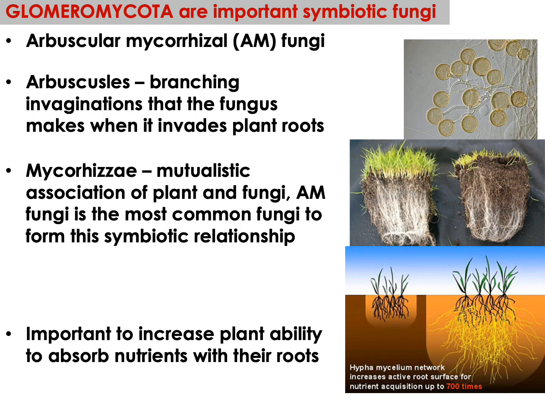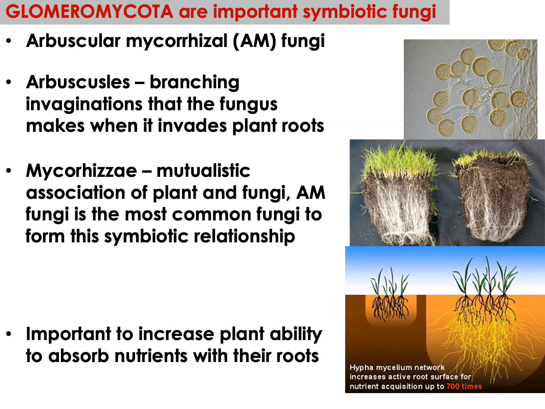Okay, next we go on to the Glomeromycota, which are important symbiotic fungi. Another word for them is arbuscular mycorrhizal fungi, or AM fungi for short. They are a relatively small group of fungi, about 230 species.